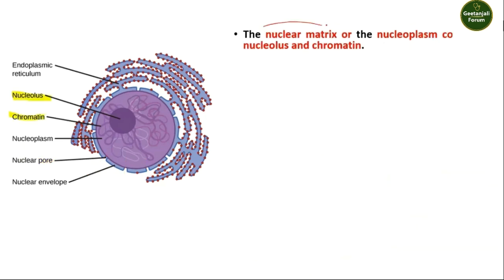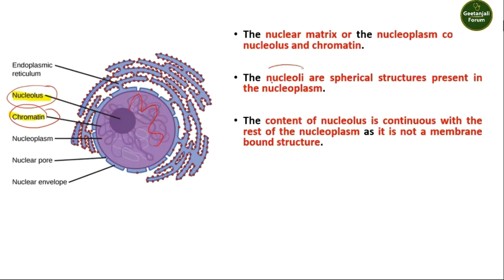Now, nuclear matrix, which is also known as nucleoplasm. This is the nucleoplasm inside a nucleus, also known as nuclear matrix. Inside it, there is a nucleolus and chromatin. This is the nucleolus and these structures you can see here are chromatin. So chromatin and nucleolus are found inside the nucleus.